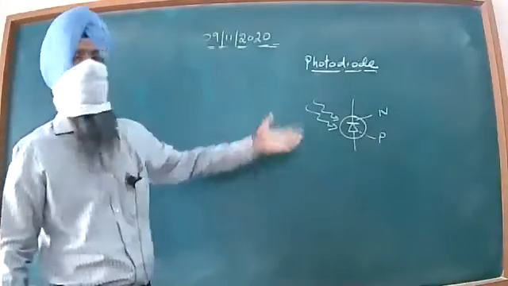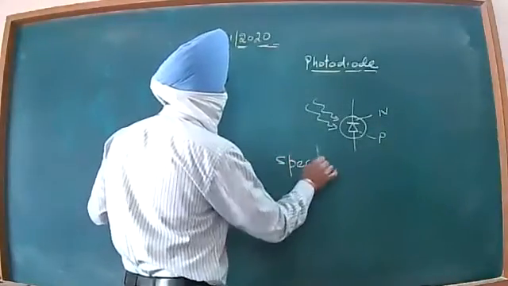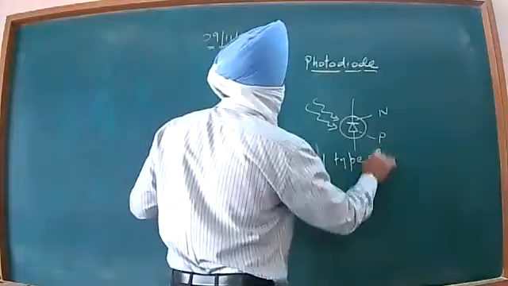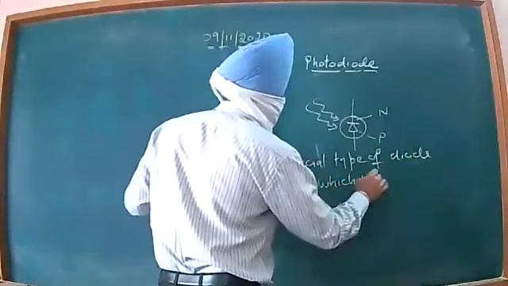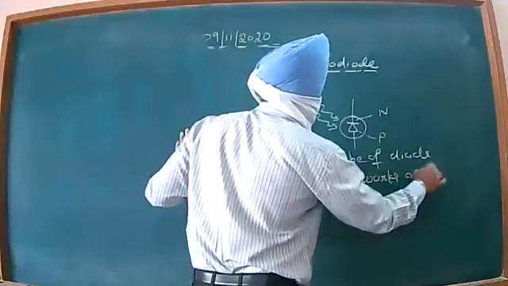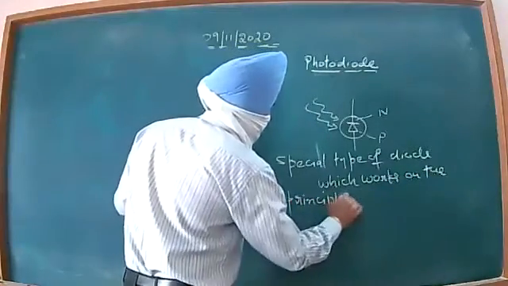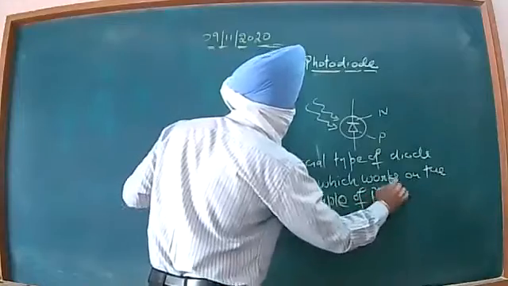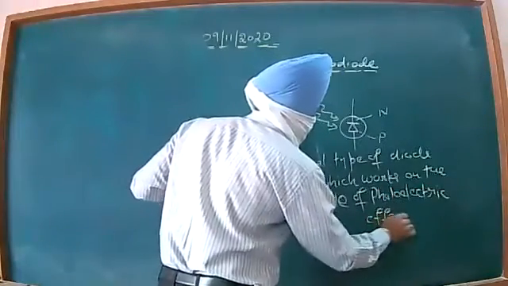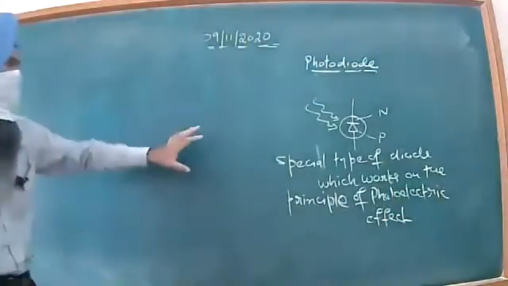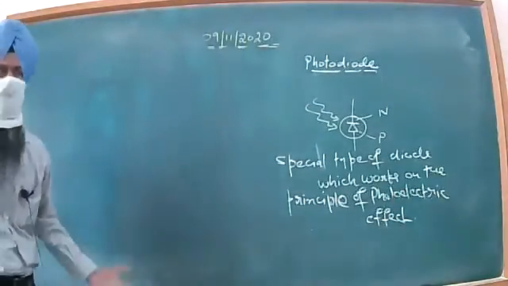So this photodiode, beta, is a special type of diode which works on the principle of the photoelectric effect, beta. You may work it in the reverse bias also, you may work it in the forward bias also, beta.